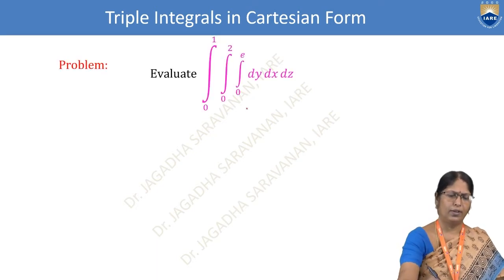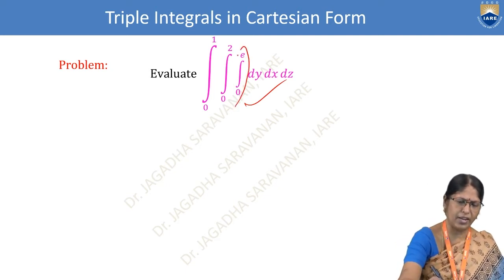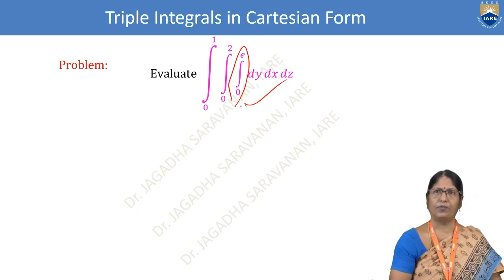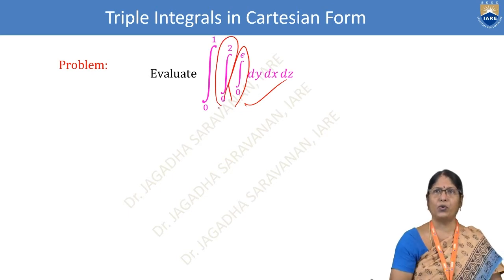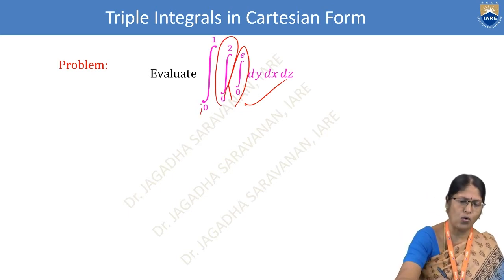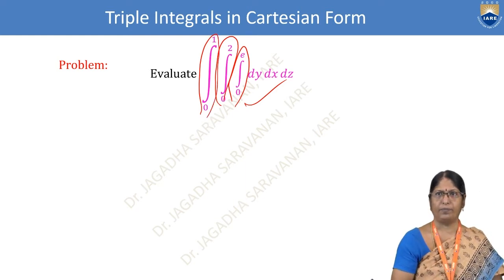Now, this is the first problem. Evaluate. The inner integration is from 0 to e. The middle integration is from 0 to 2. The outermost integration is from 0 to 1.